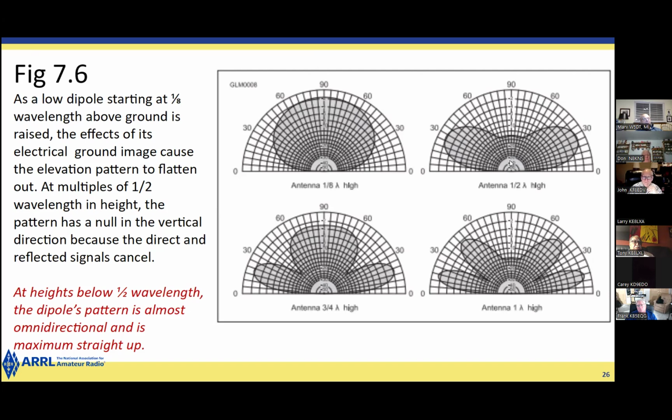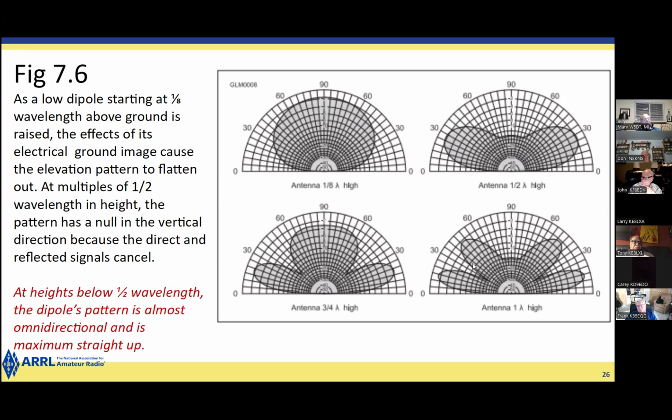At half wavelength, you've got two nodes, one coming out this direction and another coming out this direction. Here's one at 3/4 of a wavelength, and this is spreading out pretty well.